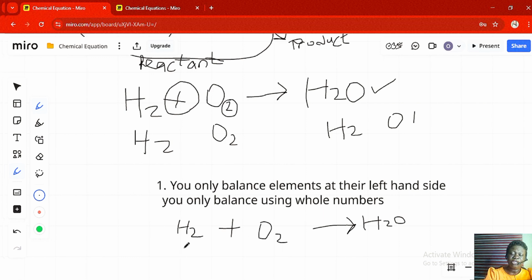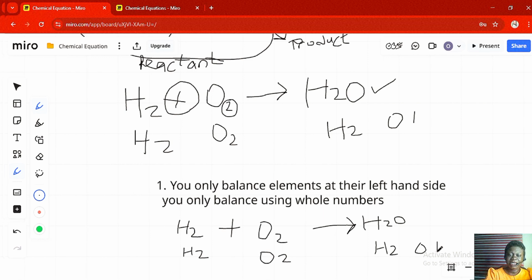Hydrogen is 2, oxygen is 2 at the reactant side. Hydrogen is 2 at the product side, and oxygen is 1.